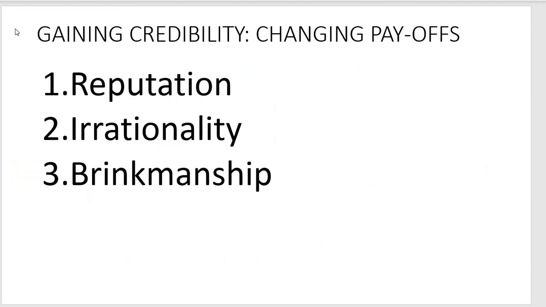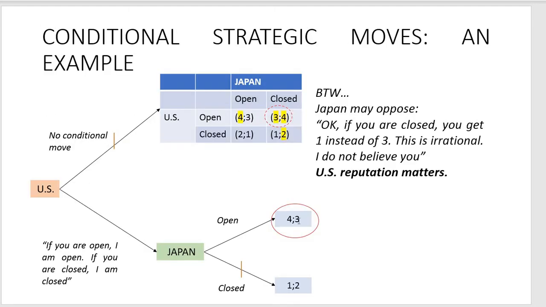Okay, irrationality. As we discussed based on the example of the United States and Japan, Japan might not believe the combination of threat and promise made by the United States because, again, being closed for the United States is also associated with some losses. So in this case, the United States will get only 1 instead of 4 or even 3. So if you are known as a rational player, this might really undermine the reliability of your promises and threats.